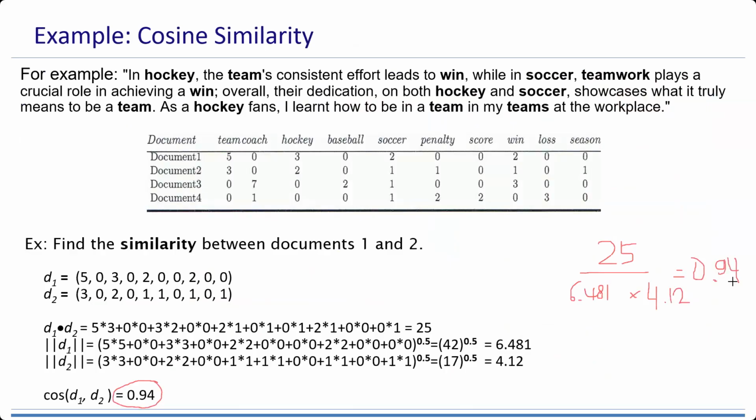Okay. The similarity, if it is 0.94, is it good or bad? 0.94, because it is similarity, you can have two analogs. It is high similar or low similar.